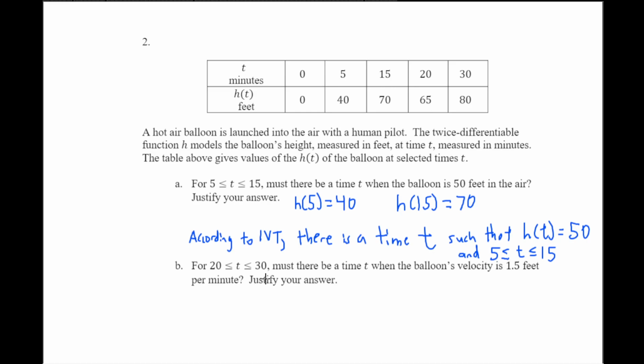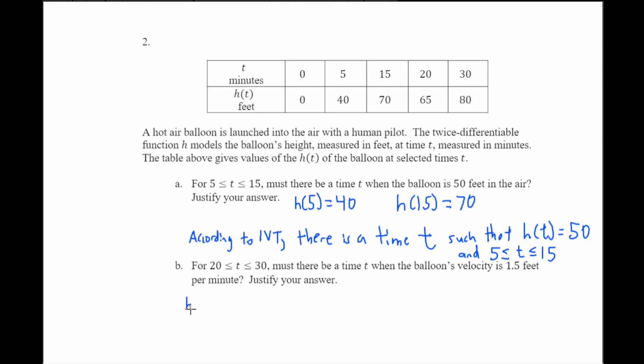For part B, must there be a time when the balloon's velocity is 1.5 feet per minute? This is where we use the mean value theorem, because this table never gives us velocity. It's just the height. But if you recall, the derivative of position, or height, gets you your velocity. So what we can do is figure out the average rate of change from 20 to 30.